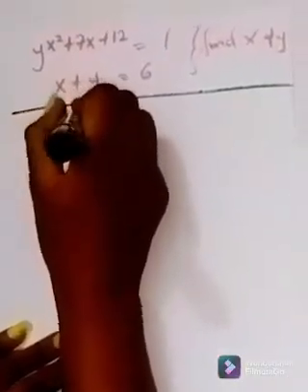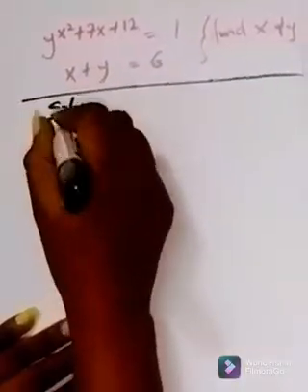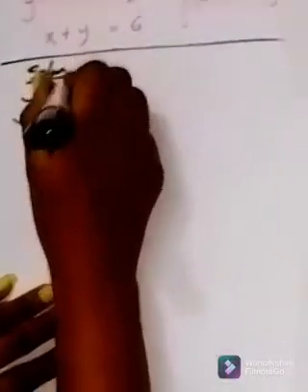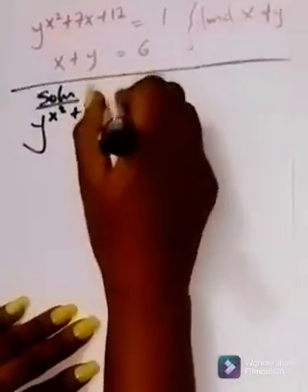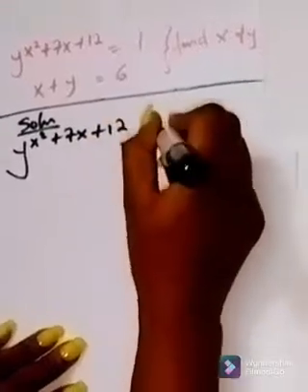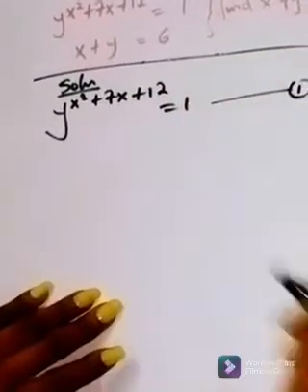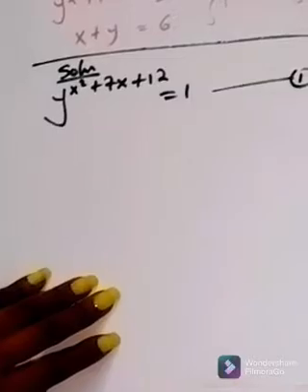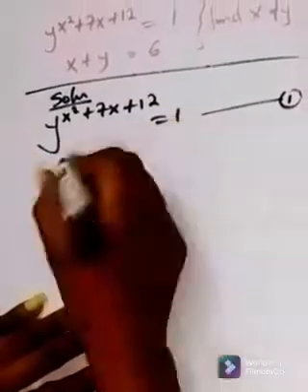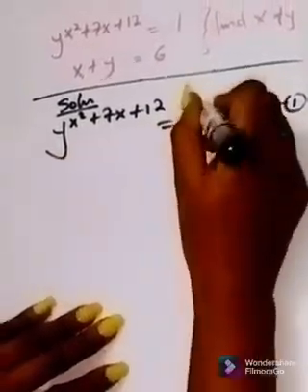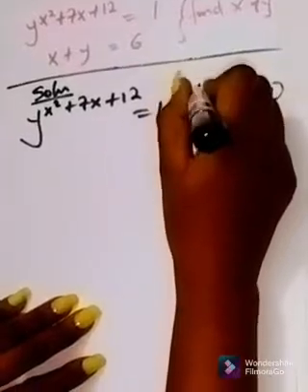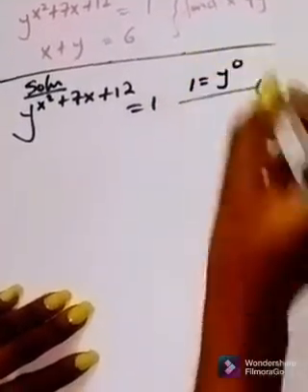The solution. We say y raised to power x squared plus 7x plus 12 equal to 1. This is equation 1. Okay, so remember that 1 is equal to y raised to power 0.